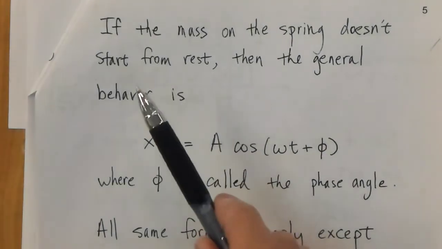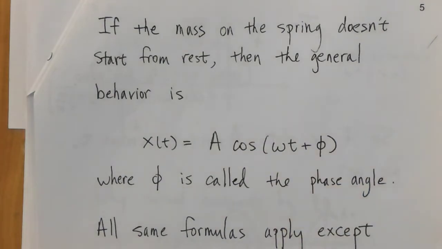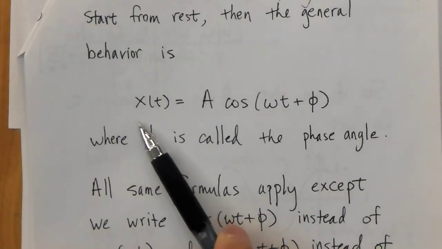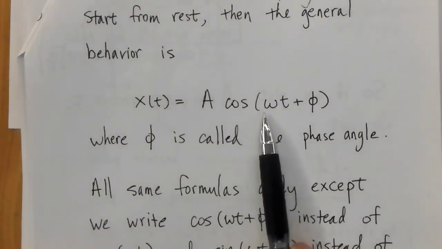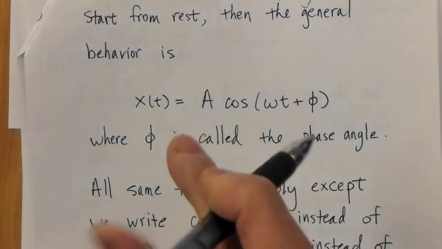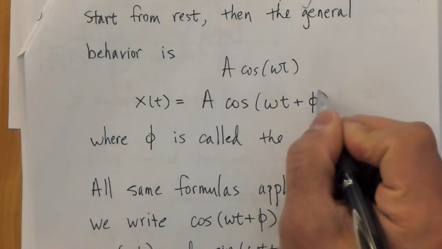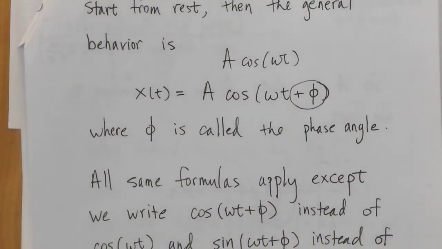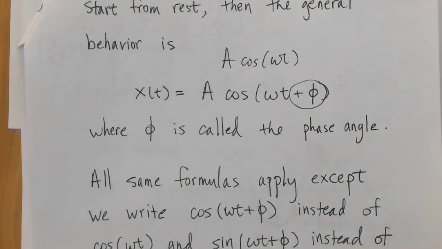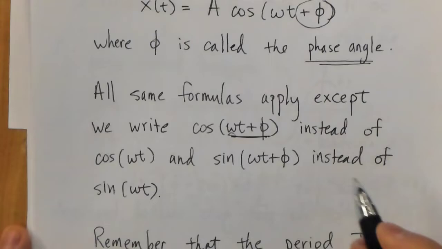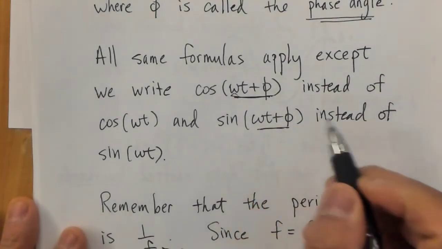If the mass on the spring does not start from rest, then the function becomes a cosine of omega t plus phi. So instead of just having a cosine of omega t, there's this extra piece, plus phi. That's what's called the phase angle. The only thing that changes is that everywhere you saw omega t, you now see omega t plus phi. It's for cosine, you see it for sine, that's all.